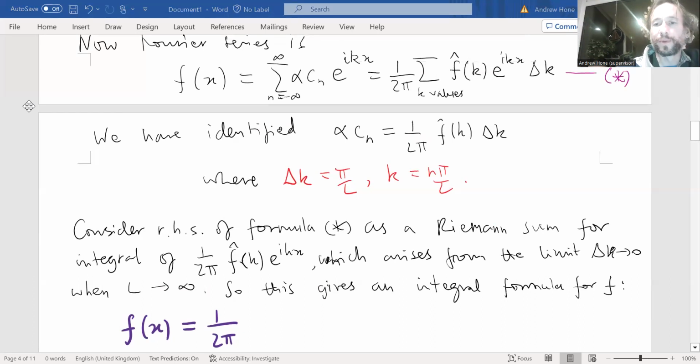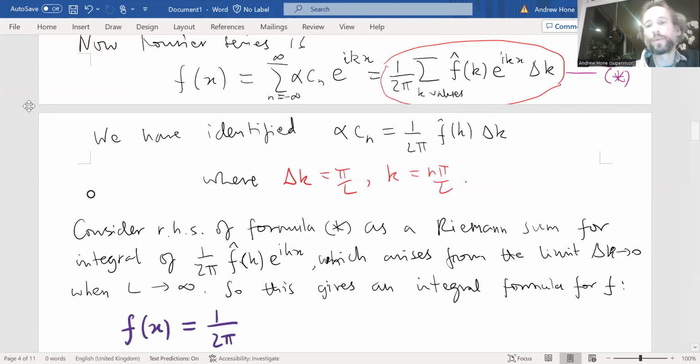So we had a sum over k values, a set of lattice points regularly spaced on the k axis. Now we're still going across the whole k axis, but the gap between the points is going to 0.